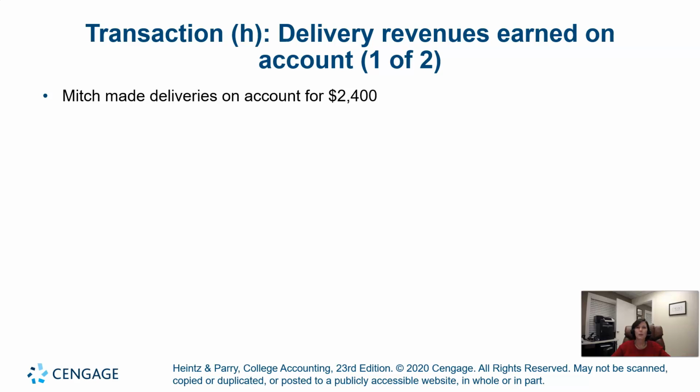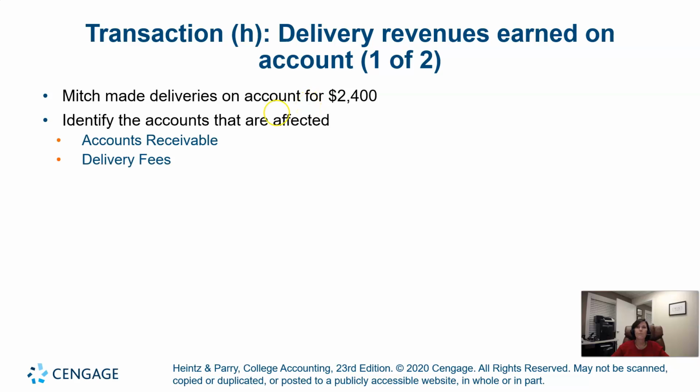Happens from time to time in my law practice. Mitch made deliveries. He's in the business of delivering things, so that's going to be a revenue, probably delivery fees, and on account. So we've got delivery fees and accounts receivable.